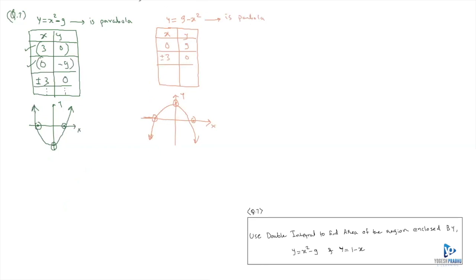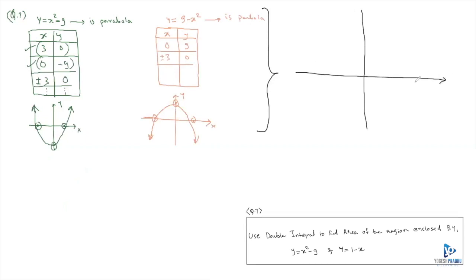So now let us draw a combined diagram of these two. What will that be? The part inside. So this point is (0, 9), and this point is (0, -9).